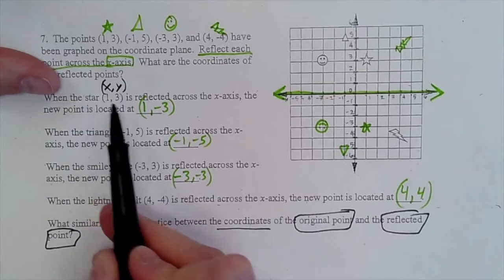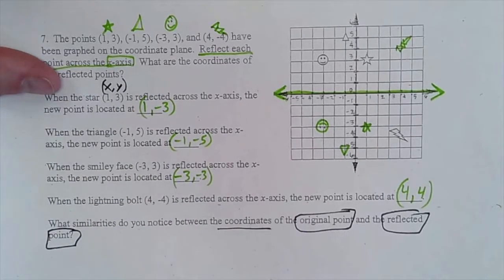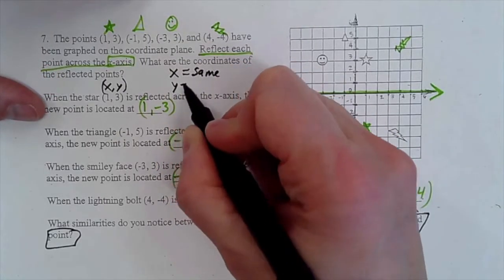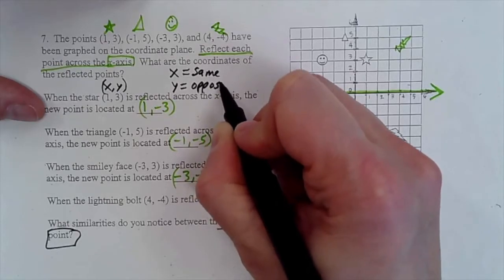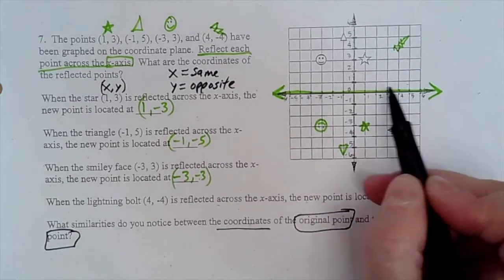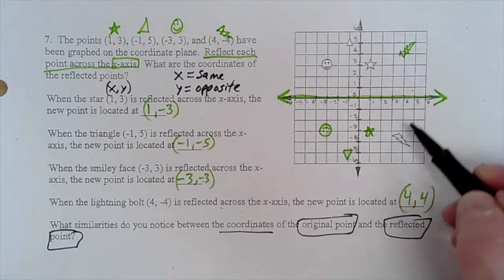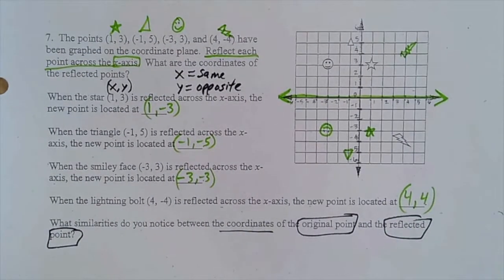So the first one is always the same. Your x is always the same, but then your y coordinate becomes its opposite. Since you're reflecting across the x-axis, it's still the same distance over, but the up or down changes. So your y coordinate becomes the opposite.